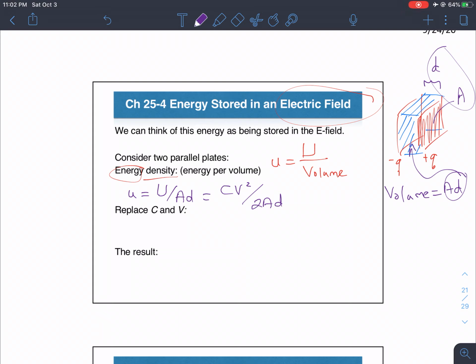And now we are going to replace C and V. Let's write what C and V are. C is, for the parallel plate capacitor, ignoring the dielectric constant, or basically saying kappa is 1, epsilon naught A over D, and the potential difference, since they're parallel plates, E is uniform, and again, this is simply the magnitude.